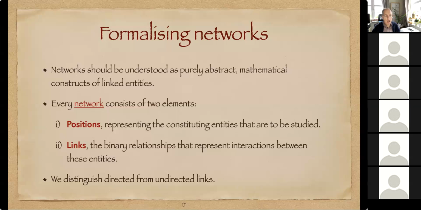You can also have undirected links. So undirected links are referring to that there is really equality when you have two friends, for example, right? A friendship relationship is an undirected relationship. When you have collaboration between scientists, usually that is an undirected relationship.